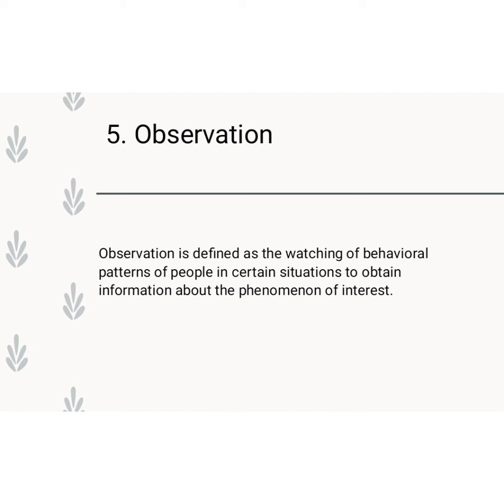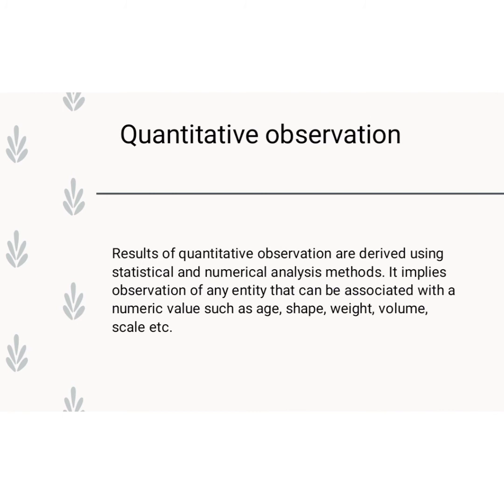However, let us keep the part of qualitative and focus on the quantitative observation. Talking about the quantitative observation, it is an objective collection of data which is primarily focused on numbers and values, and it is associated to or depicted in terms of a quantity.